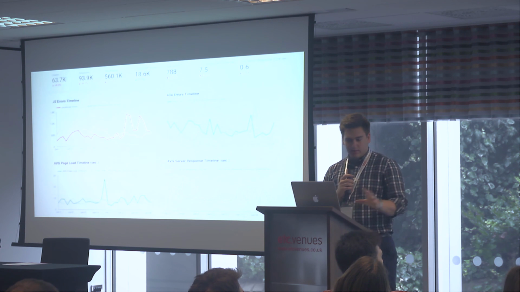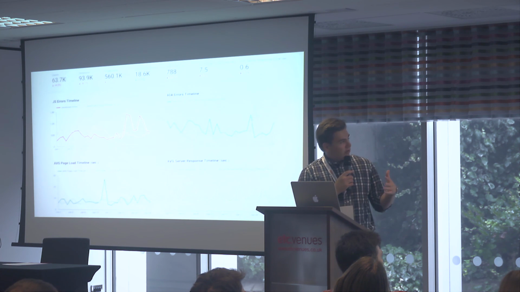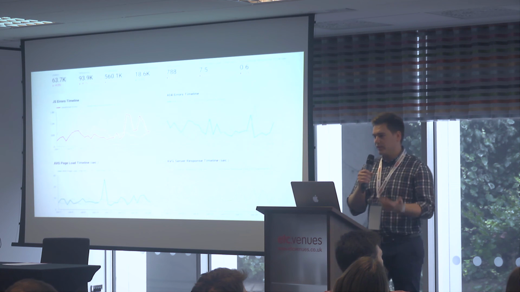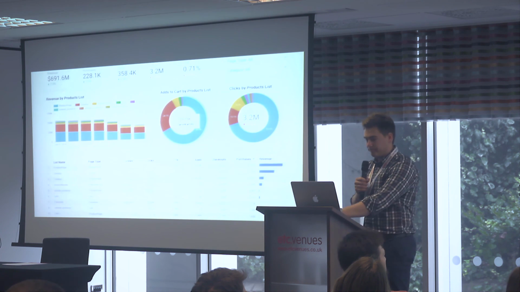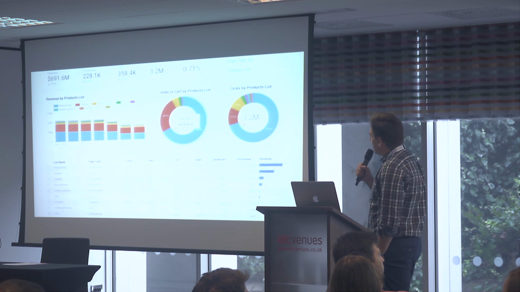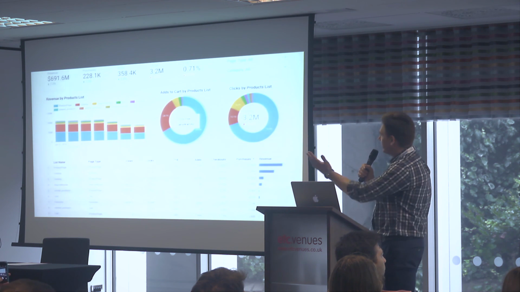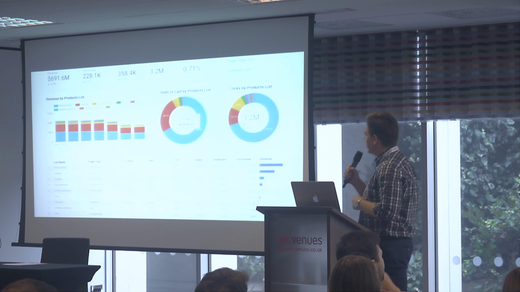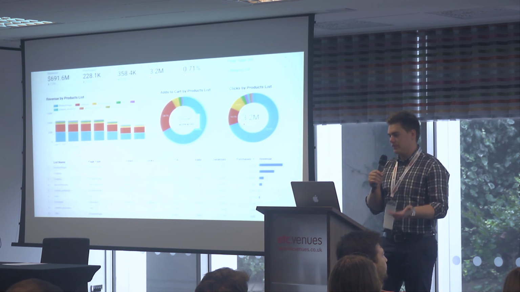And you can see the average time on the website, average page load, and you can do it in real time. And this is a dashboard for the marketing side, and you can understand the data you cannot see in GA.